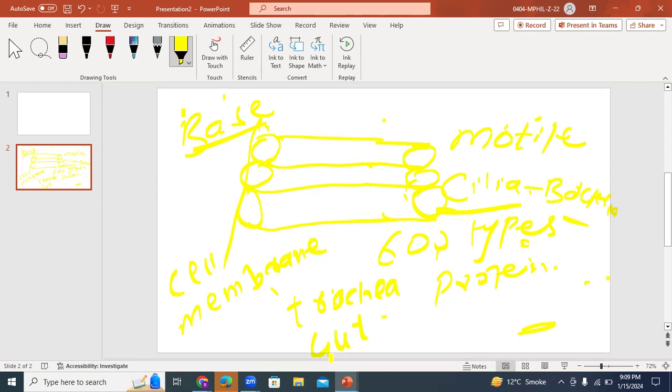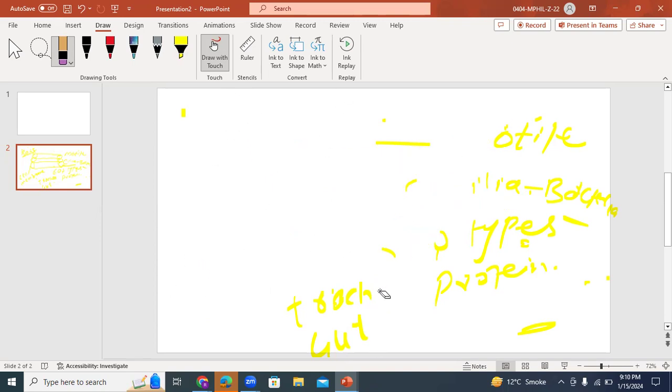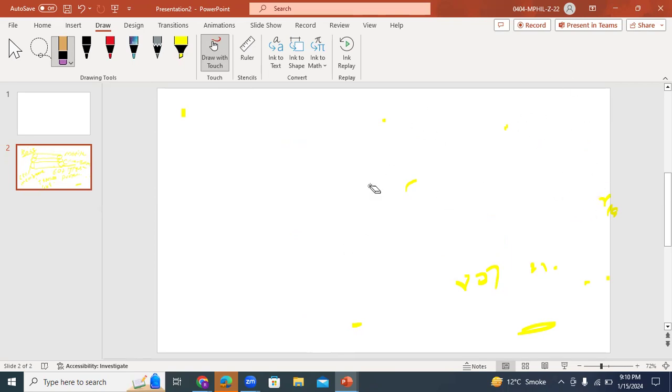Do you have an idea of the difference between prokaryotes and eukaryotes? We can simply say membrane-bound organelles are present in eukaryotes, and in prokaryotes the organelles are without membrane, in the cell or unicellular specifically. So they are called prokaryotes. Example, bacteria.